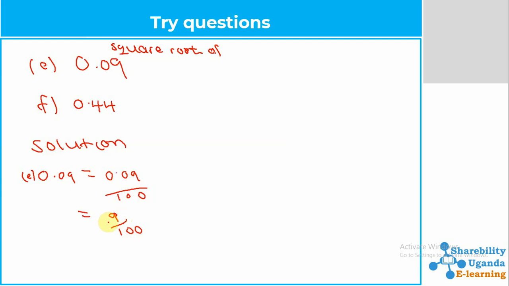So now, when we have our 9 out of 100, we can use all the methods that we have learnt to get the square root of this number. First of all, we said we can look out for a number that can be multiplied by itself to get 9.